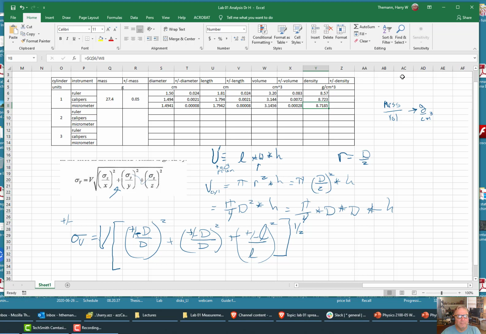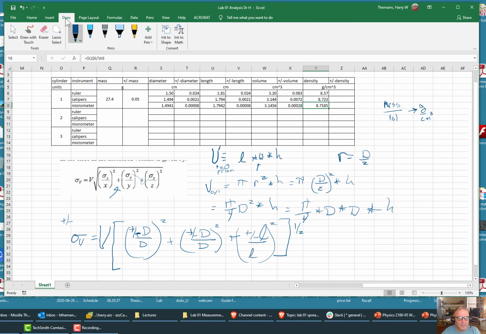So for the plus minus on the density, it's the same formula as before, except now we only have 2 terms. We don't need the third one because we only have mass and volume. Of course, there's only 2 variables here, but we had 3 terms before because of d times h.